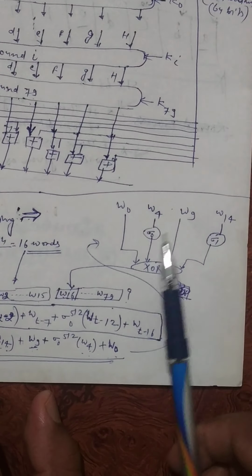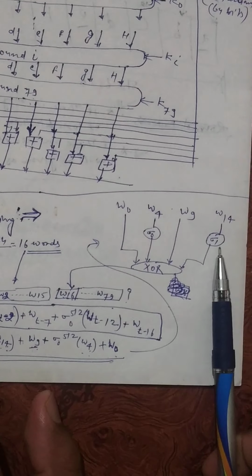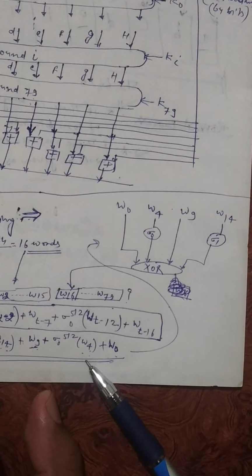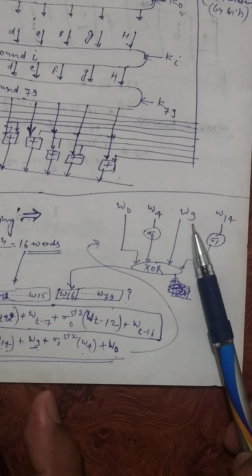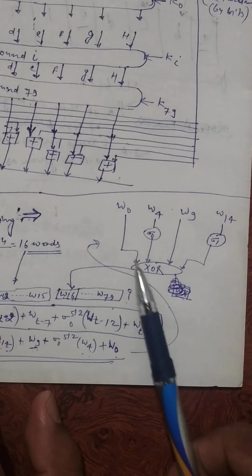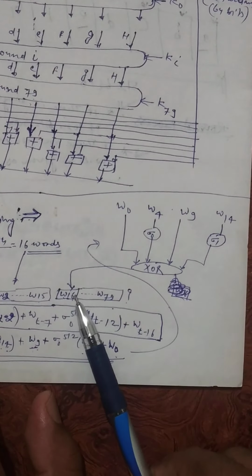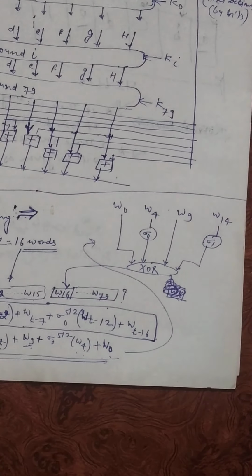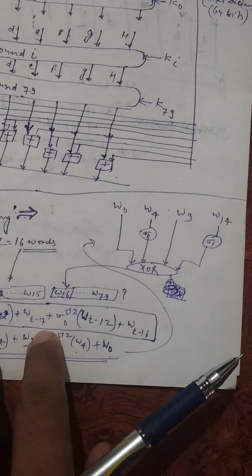Sigma 0 is applied with W4 and sigma 1 with W14, while W0 and W9 I am taking as they are. Then I have applied their XOR and calculated the value of W16. In this way we will calculate W17, W18, and similarly for all.